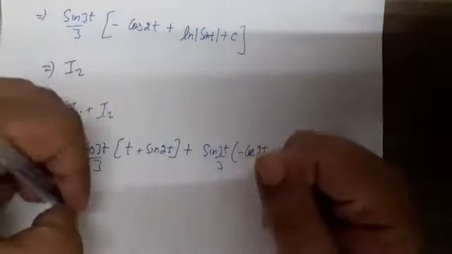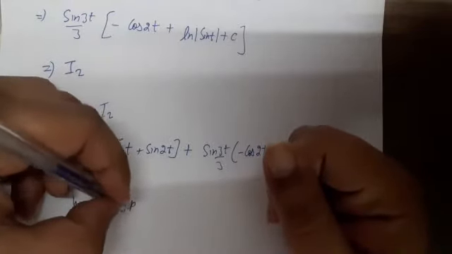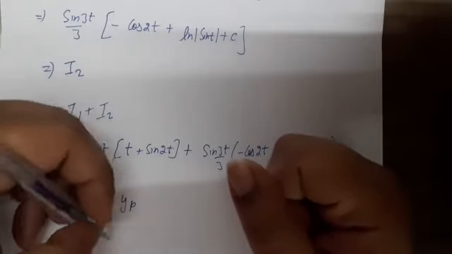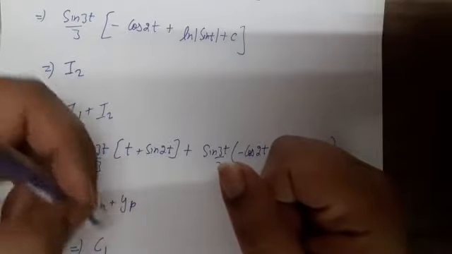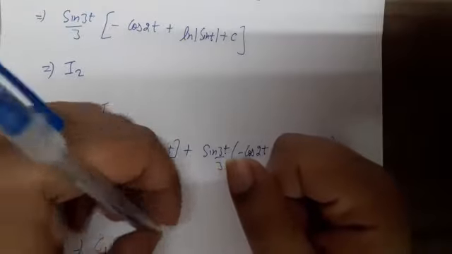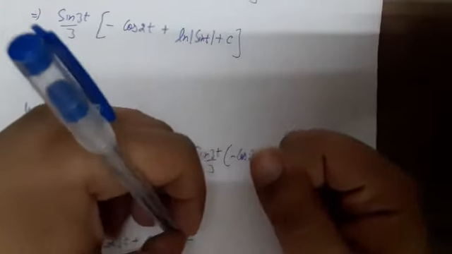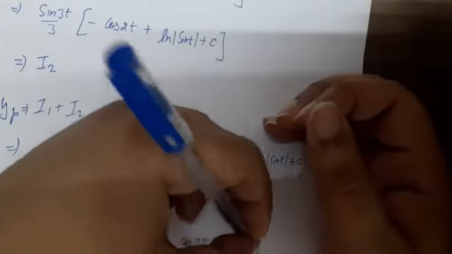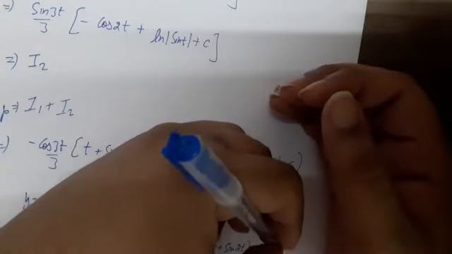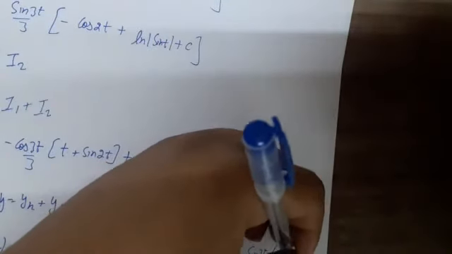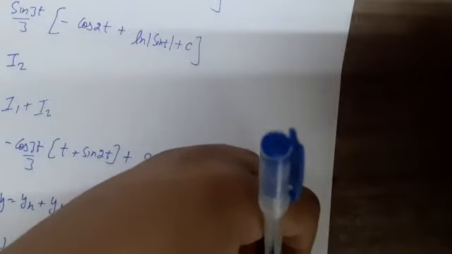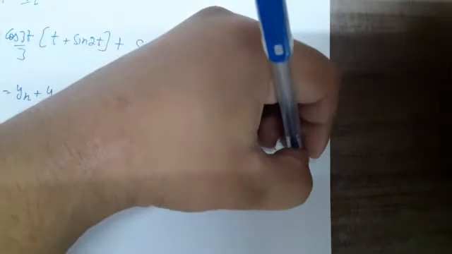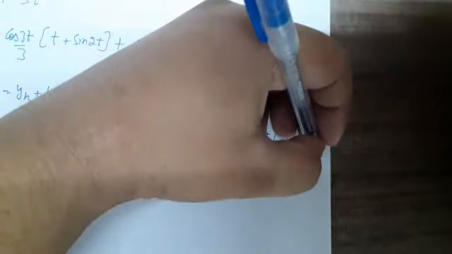Now if we look at the original equation, it was yh plus yp, so we will have c1 cos 3t plus c2 sin 3t minus cos 3t by 3 times (t plus sin 2t) plus sin 3t by 3 times (minus cos t plus ln of sin t) plus c.